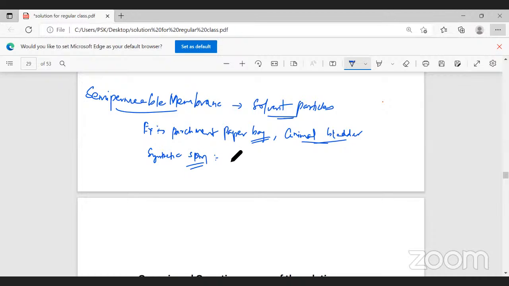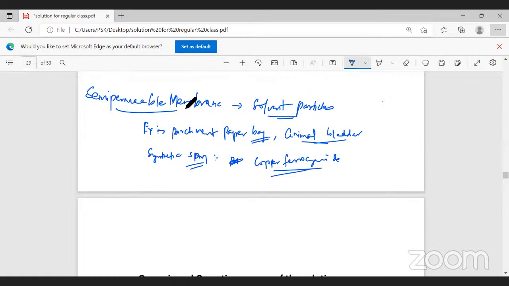It is copper ferrocyanide, not potassium, copper ferrocyanide. This is an example for synthetic semi-permeable membrane. What is the semi-permeable membrane used in the osmosis process? A membrane which will permit only the solvent particles to move, not the solute particles.